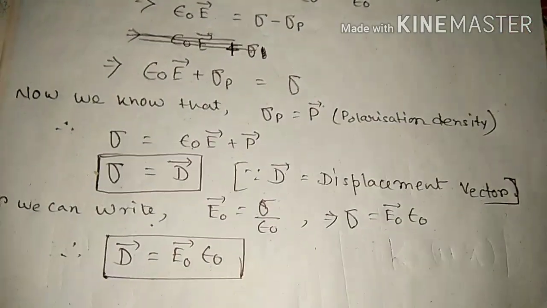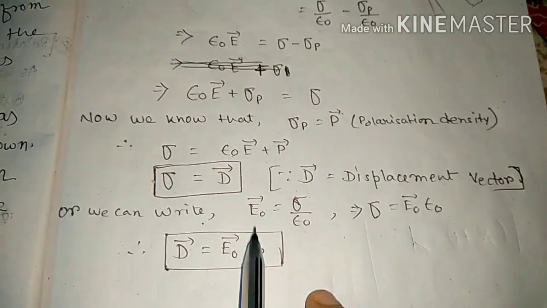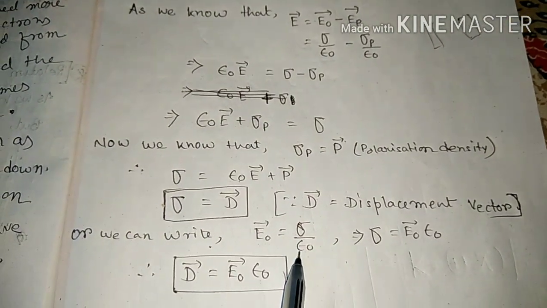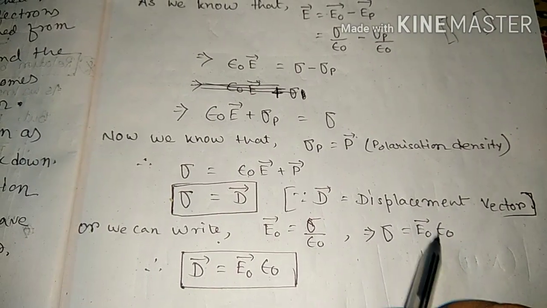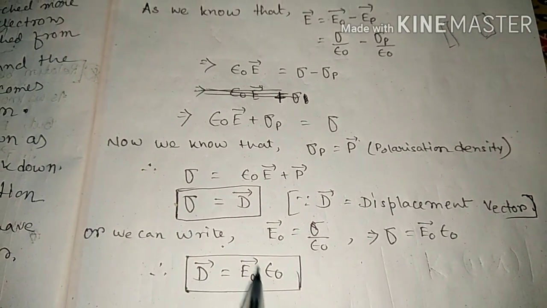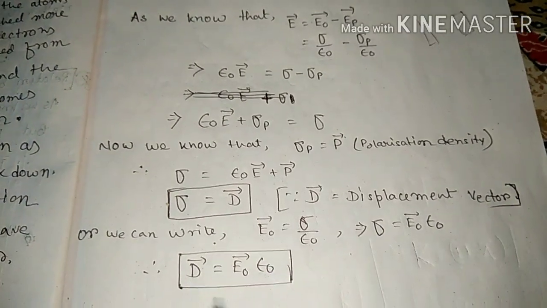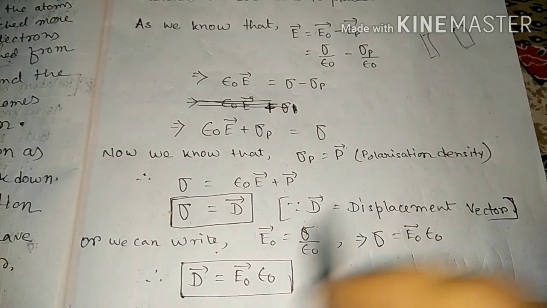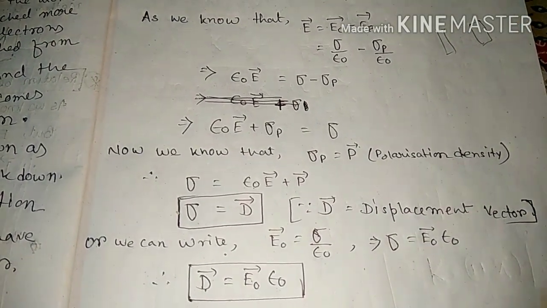Now we can express this displacement vector in many ways. How? Because E0 equals sigma by epsilon naught, so sigma equals epsilon naught into E naught. In place of sigma we can write this, so D equals epsilon naught into E0. That is one expression, a relation between the displacement vector and the external electric field.